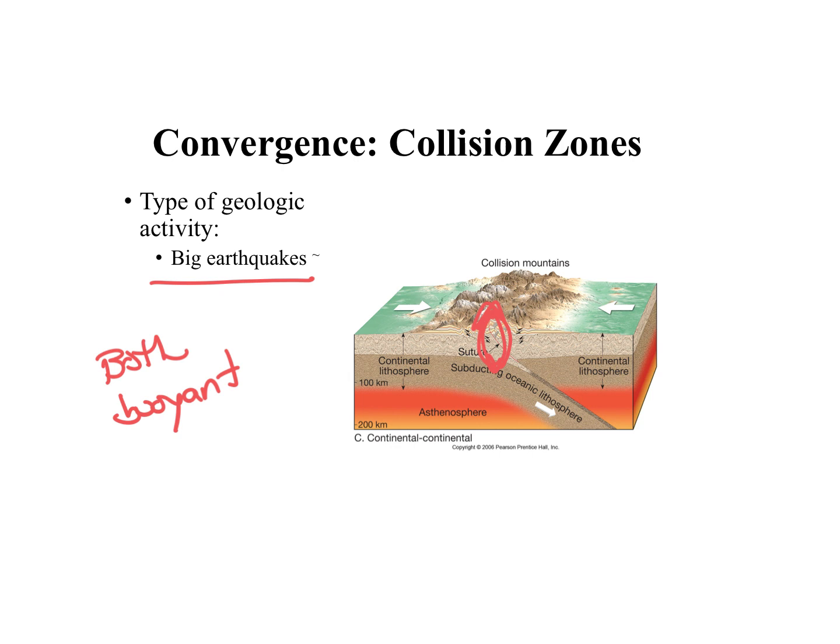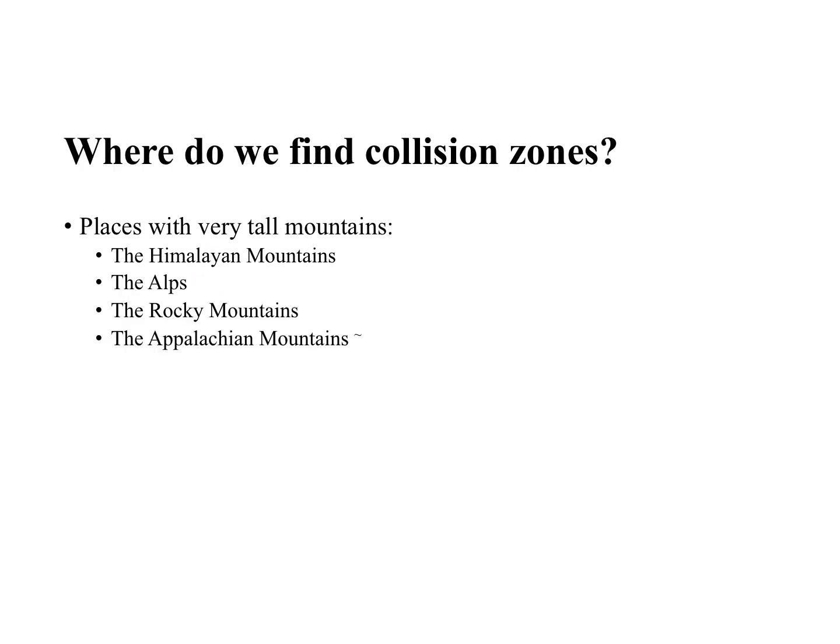The Appalachians are quite old now, so they're not as tall because erosion has brought them down to a lower level. But all of those mountains were created through the collision of two continents. So the Himalayas, the Alps, the Rockies, and the Appalachians, just four examples of collisional mountains.